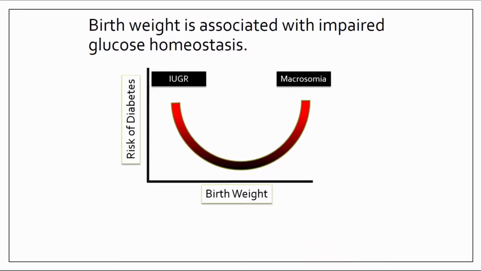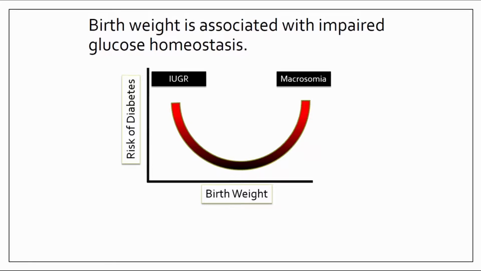There's more to this than just the perinatal morbidity and mortality. There are going to be lifelong consequences. Just to demonstrate, birth weight is associated with impaired glucose homeostasis in the long term.